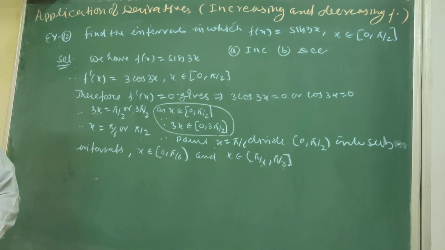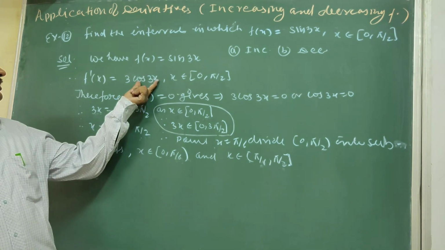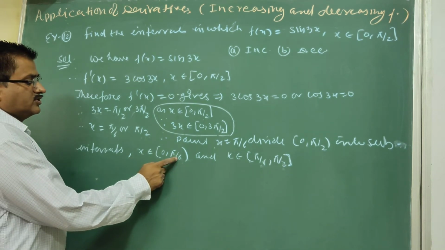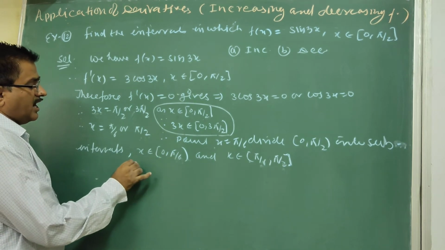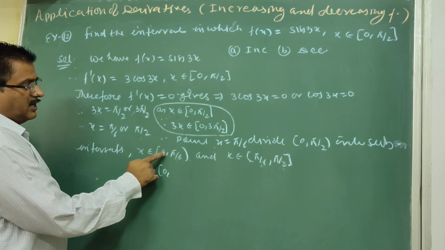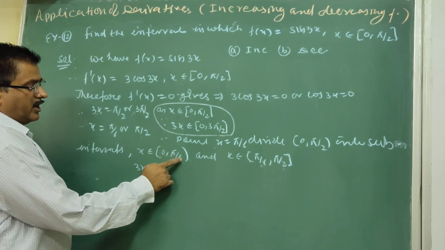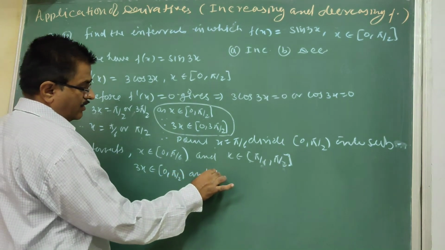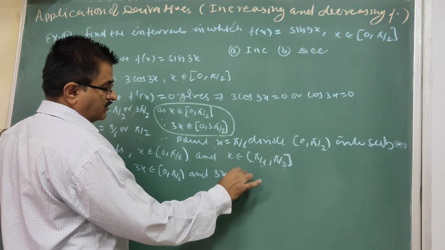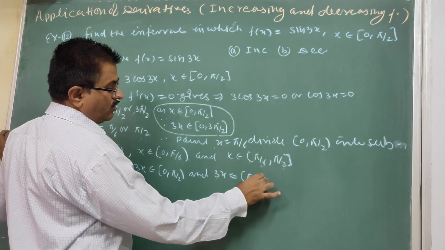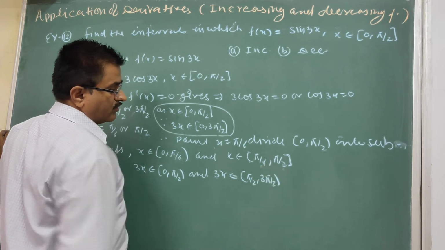Now you can say, as the given function, the derivative is cos 3x. So we are taking x from 0 to pi by 6. So 3x belongs to 0 to, multiplying both by 3, 3 pi by 6 means pi by 2, and 3x belongs to this, also multiply by 3, so pi by 2 to 3 pi by 2.